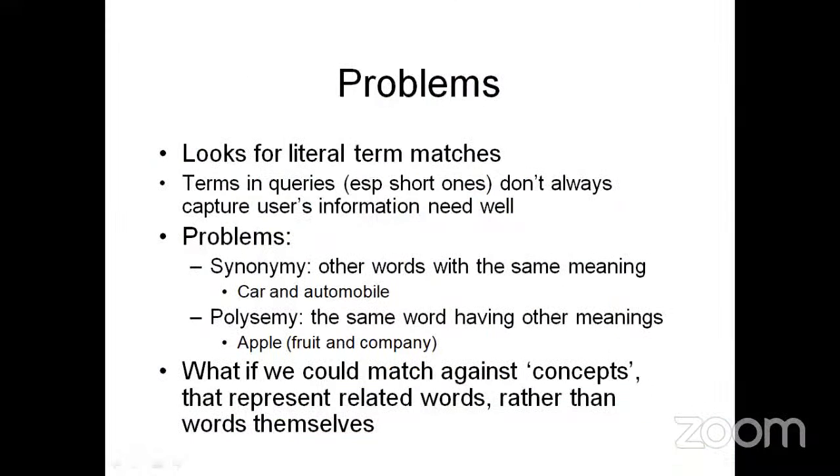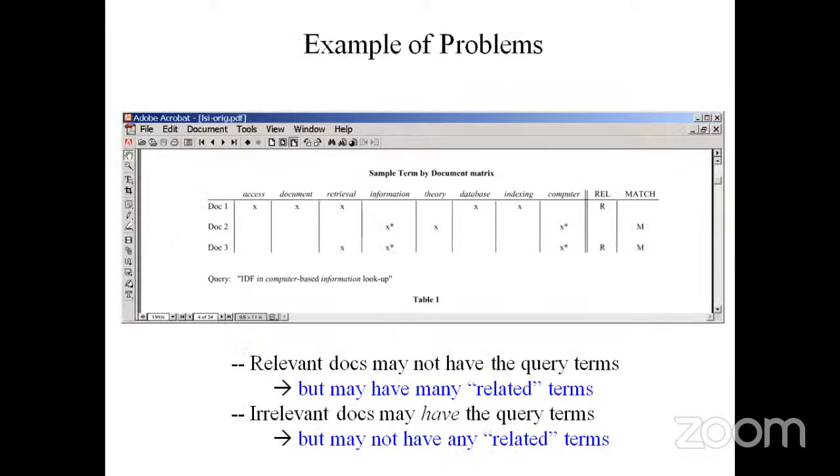Okay, some of the problems: the search looks for literal term matches. Terms in queries, especially the short ones, don't always capture the information need well. And polysemy. What if we match against the concepts that represent related words rather than the words themselves?